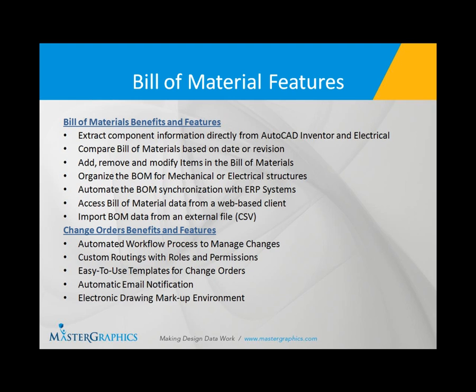We won't be showing you any ERP integration, but Vault Manufacturing does provide that venue of linking with ERP systems. And that way you can easily synchronize your bill of materials with your ERP systems so you're reducing errors. The less human involvement there is in generating or modifying or editing a bill of material, the more accurate that information is going to be.